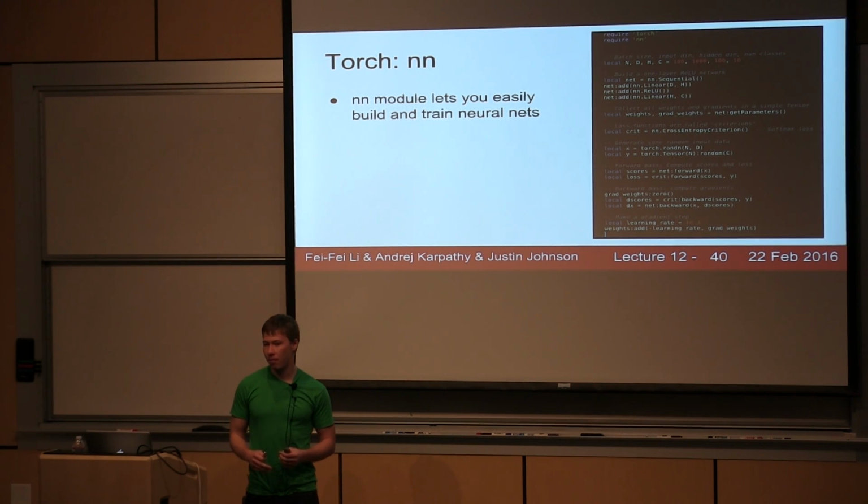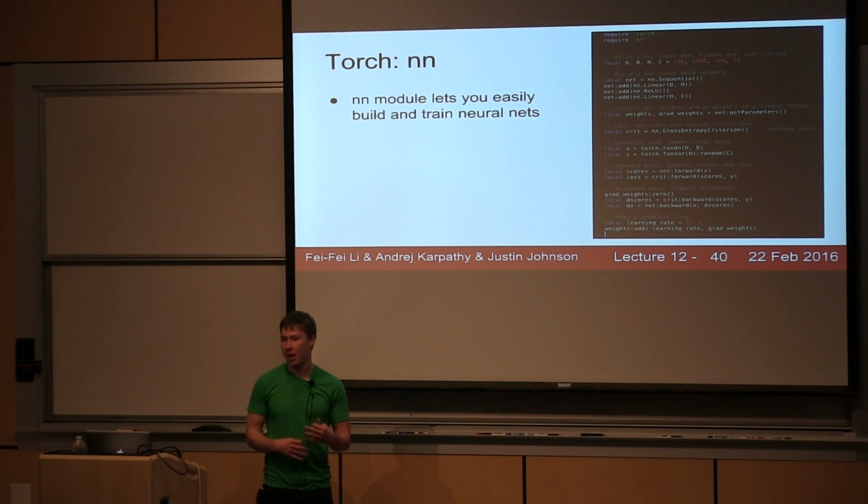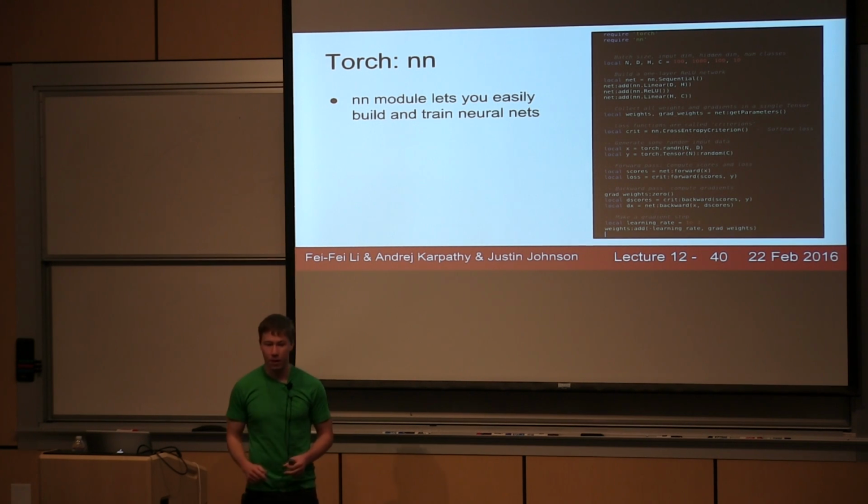Instead, you use this other package called NN for neural networks. NN is a pretty thin wrapper that defines a neural network package just in terms of these tensor objects. So you should think of this as being like a beefier, more industrial strength version of the homework code base, where you have this ND array, this tensor abstraction, and then you implement a neural net library on top of it in a nice, clean interface.